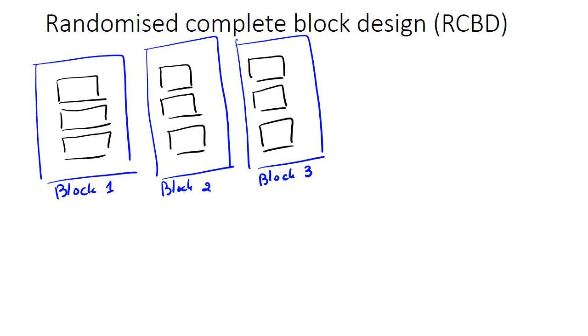The experimental units within blocks are more uniform than the experimental units across blocks. So the within block variance is smaller than the among blocks variance.